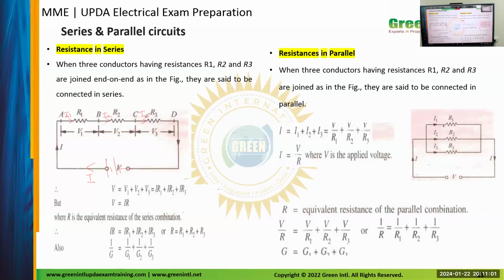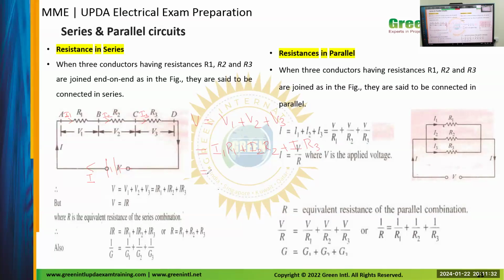By using Kirchhoff's voltage law, V is equal to V1 plus V2 plus V3, because the sum of the voltage rises is equal to the sum of the drops. What is the value of V? It is I1 into R1 plus I2 into R2 plus I3 into R3.